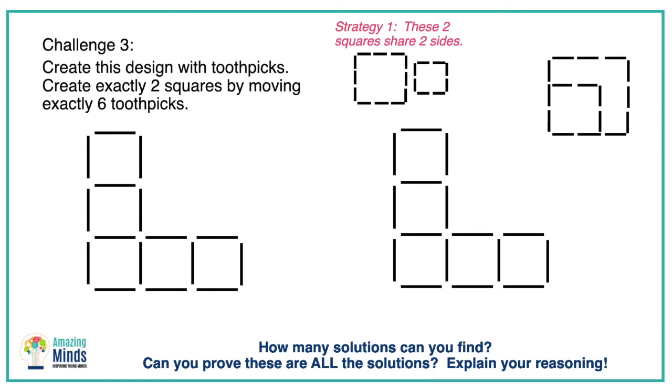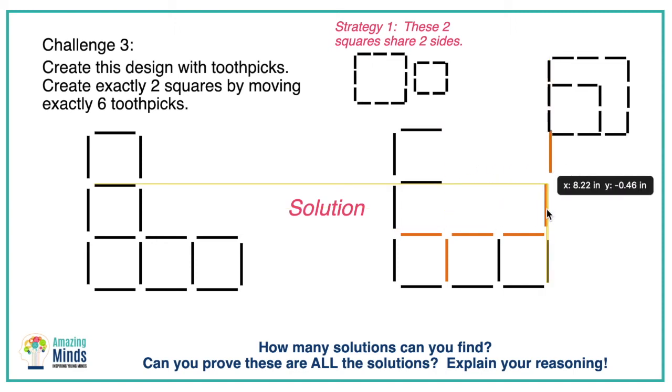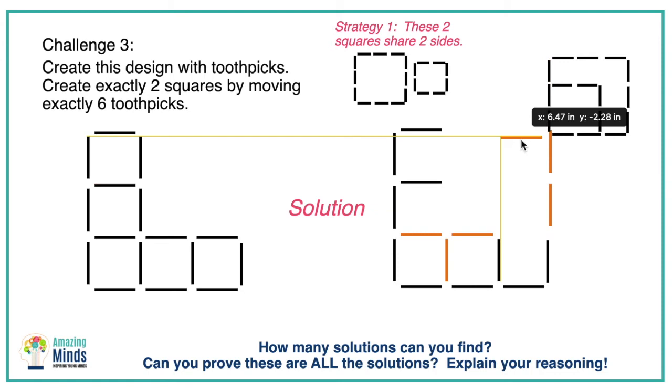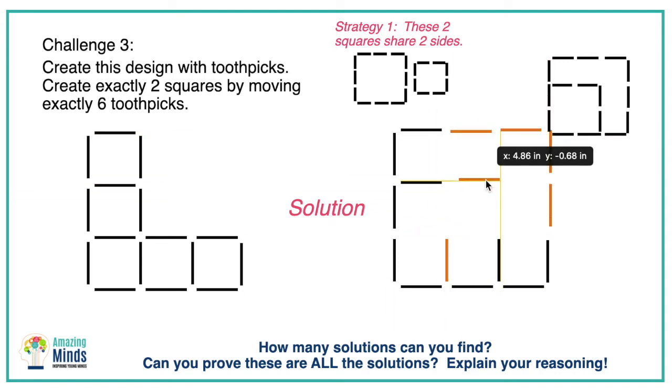We'll use this same strategy to look at another option. So we think about what we want, and then we see which toothpicks would have to be moved, which are not already in the right place. And once again, there are 6. So this could also be a solution.